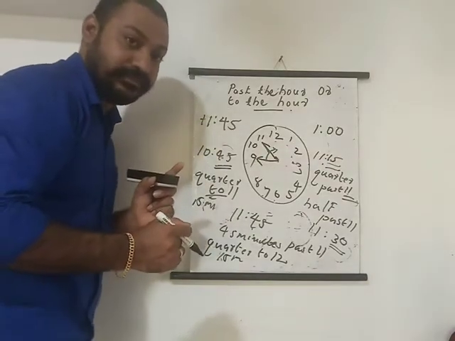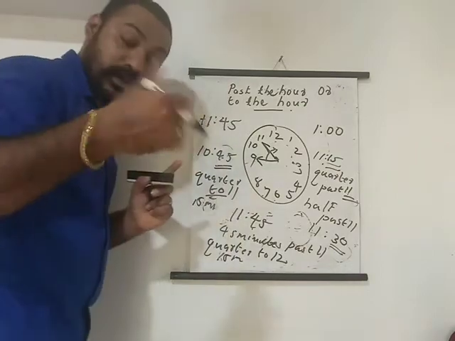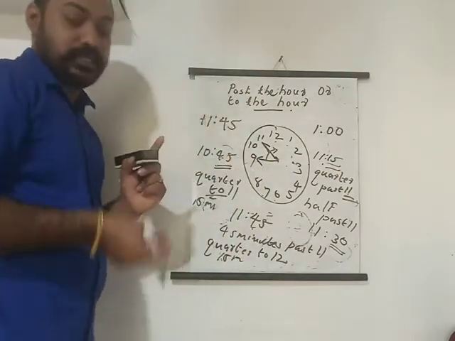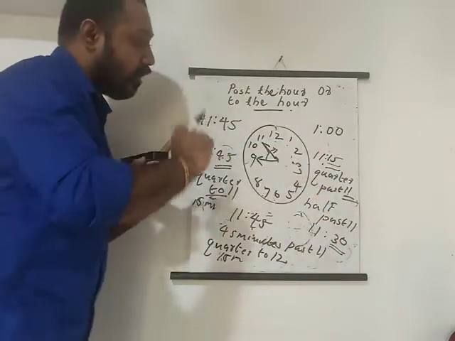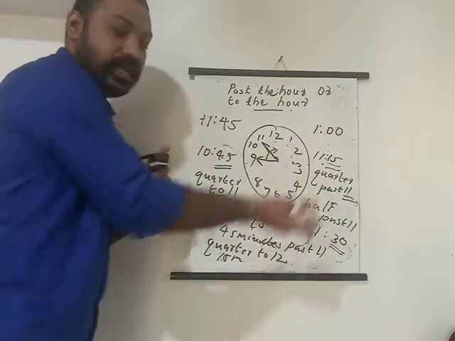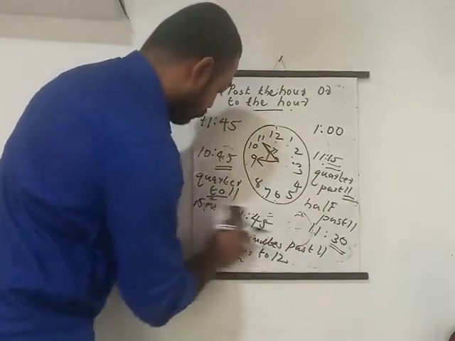Okay, understand? So this is the thing. So past, quarter, half, and quarter to. These three things. To means you have to say the next hour. Past means the hour that is given, and then how many minutes after that hour we have to say. Okay, so that is the thing.